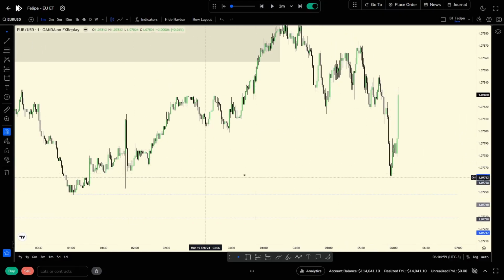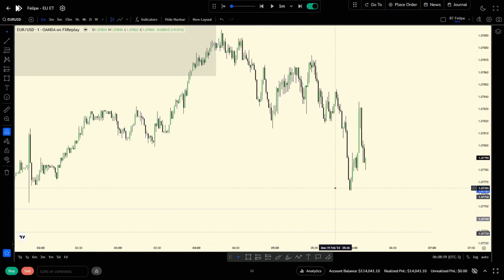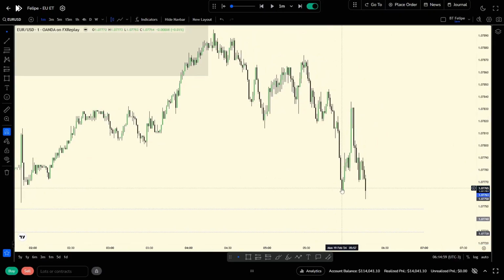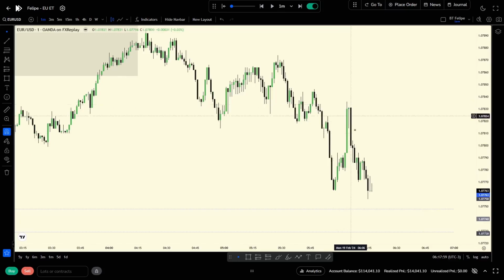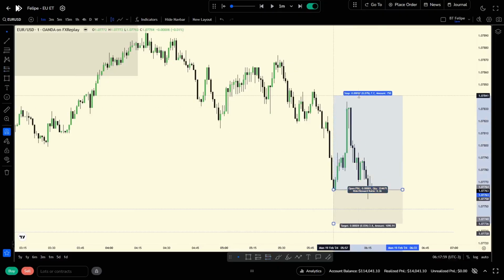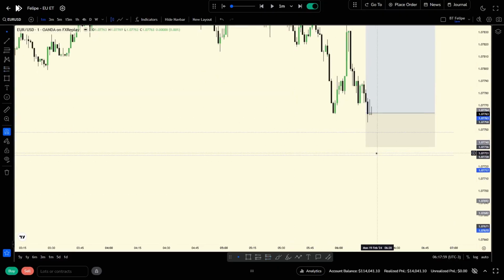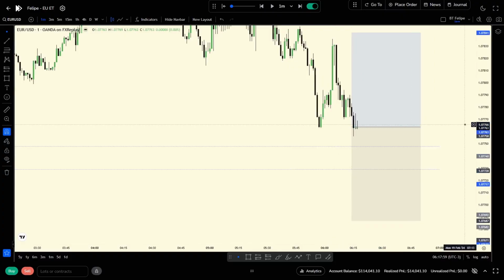Now we are at the extreme, a little bit better. Gave the reaction, then came down again. There was this short too, but I'll not try this one. This POI is too big. There is liquidity right here.